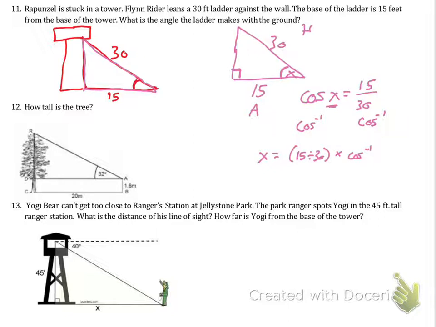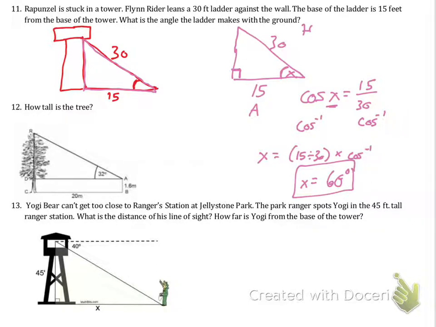Oh, sorry. I might have to do it like this. I'm going to have to do shift cosine in the parentheses and then multiply that by the 15 divided by 30. And that gives me 60. So our angle right there is going to be 60 degrees. So x equals 60 degrees.